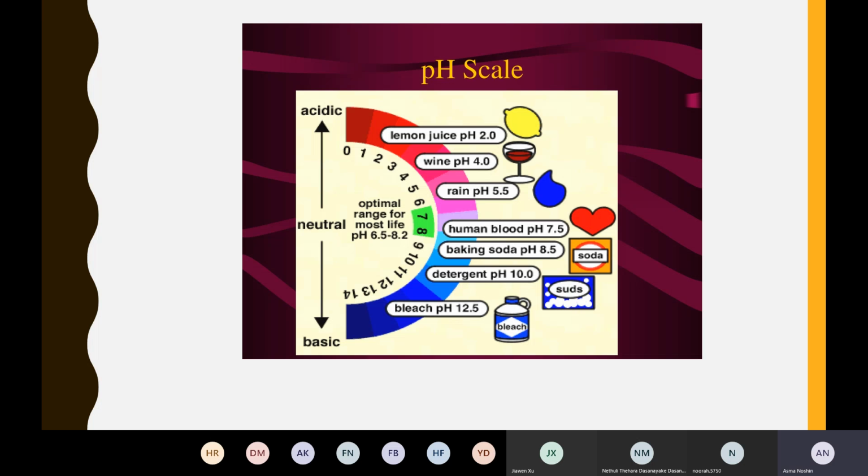Okay, from 7.1 till 10 they are weak alkalis, and from 10 onward till 14 will be your strong alkalis.